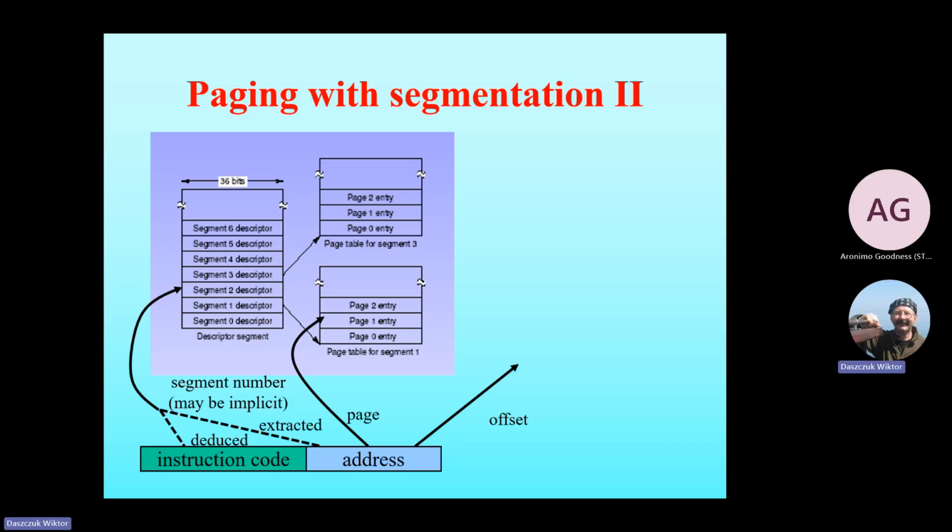How do we refer to code? If the instruction is loaded to the instruction register, the processor assumes that the code segment should be used because the instruction is a part of code. If we refer to the stack pointer or frame pointer, it's natural that it is the stack segment because the stack is in the stack segment.